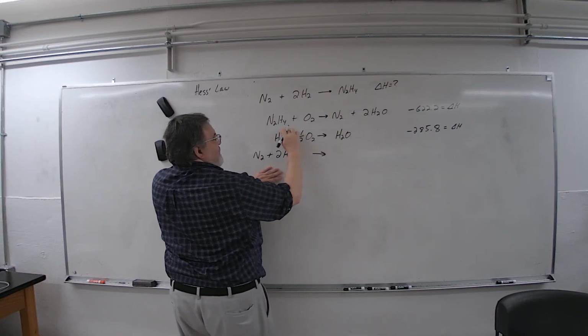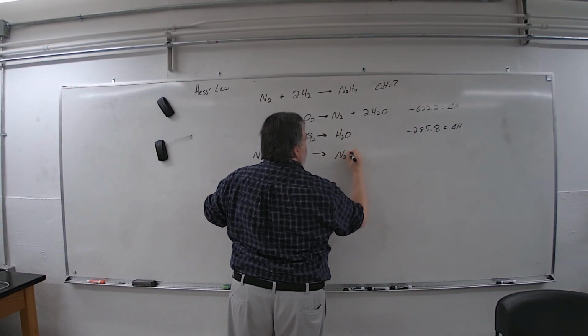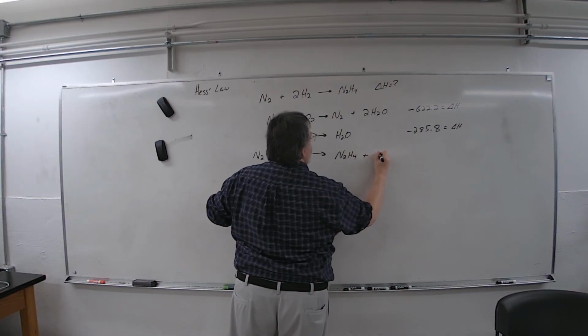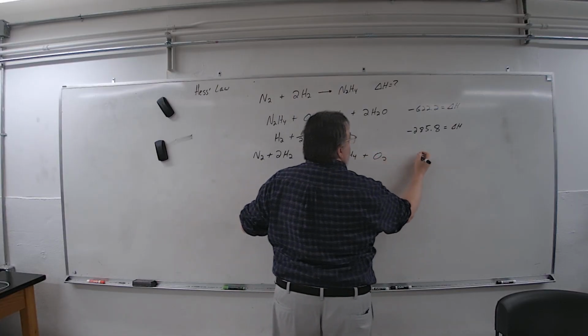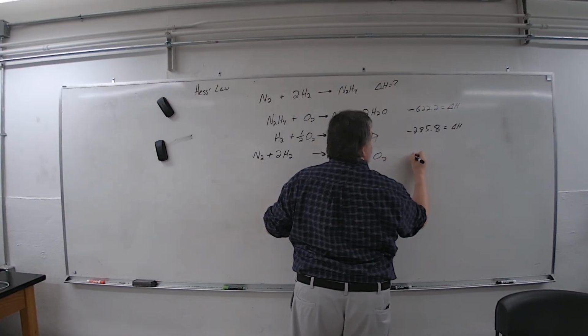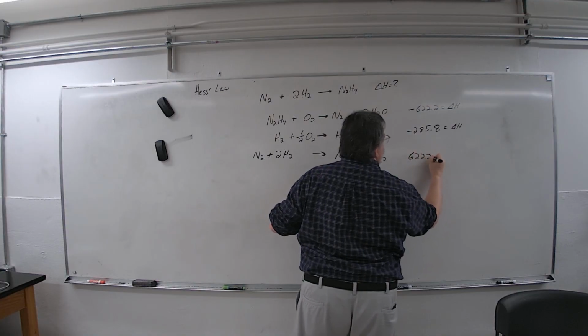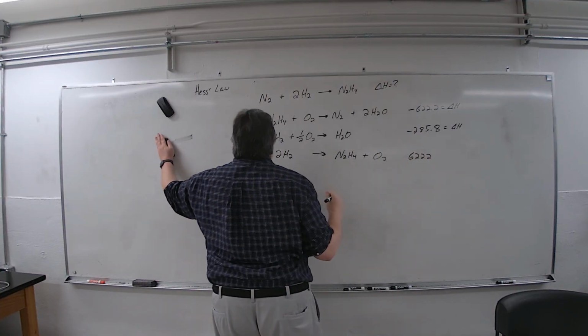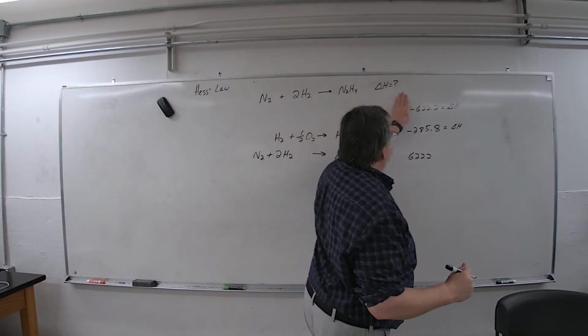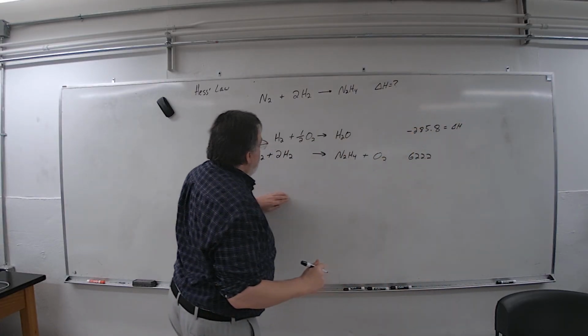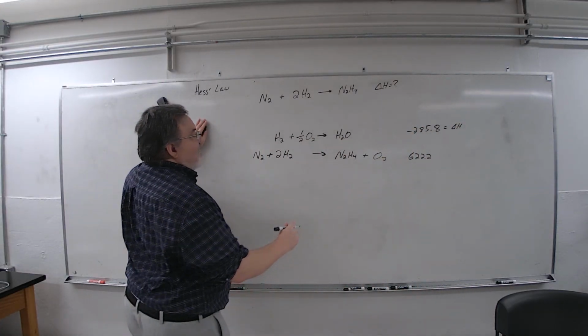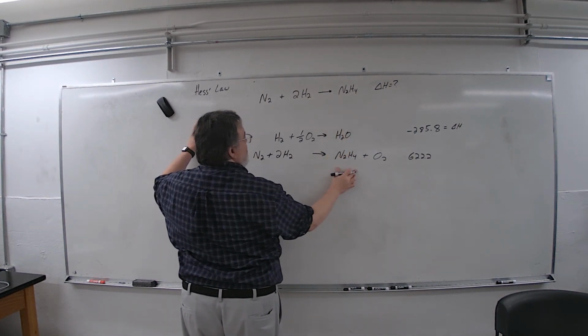So that, and then N2H4 plus O2. And I flipped it around, so I'm going to make that positive 622.2. So those are the two equations I have now. So now that's on the right side.